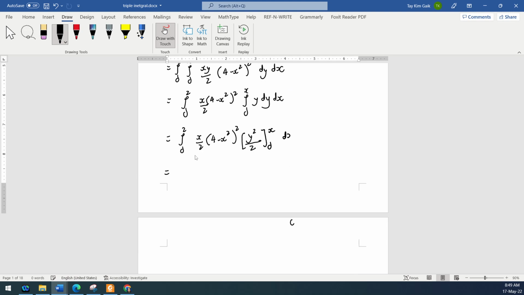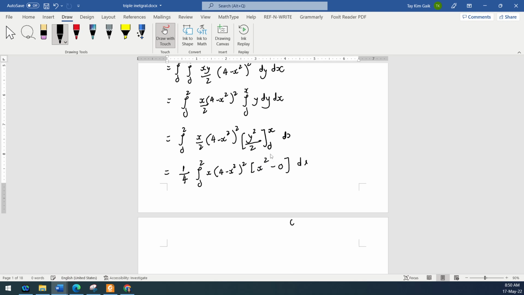So half times 1/4, I can factor out 1/4 outside. So you have x times 4 minus x squared power 2. Plug in the upper limit, you have x squared, minus 0, because half times half is 1/4.